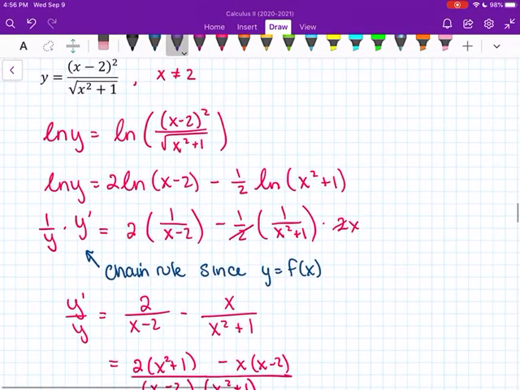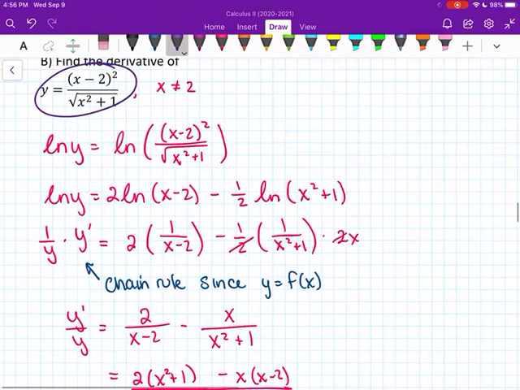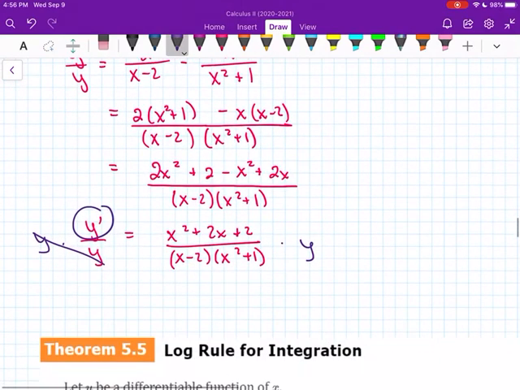Well, let's zoom all the way back up to the top. y equaled my original problem, which was (x minus 2) quantity squared over the square root. So let's insert some space here.